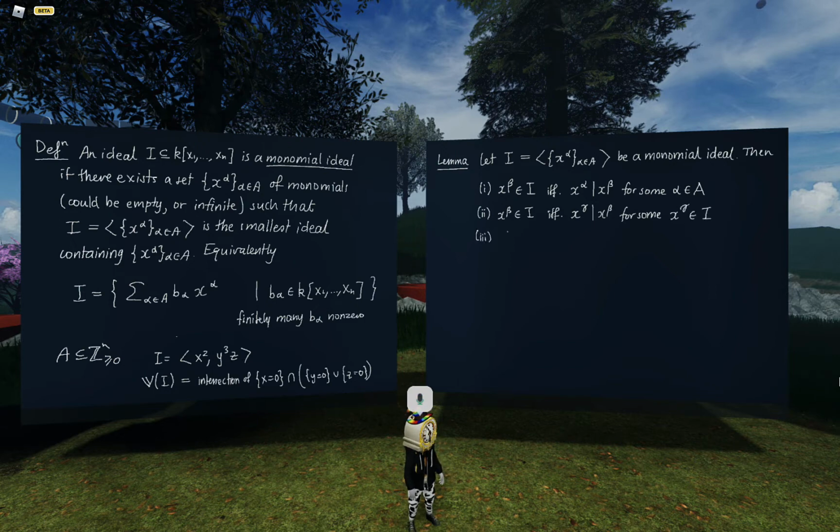And finally, a general polynomial f is in the ideal if and only if every term of f is in I.